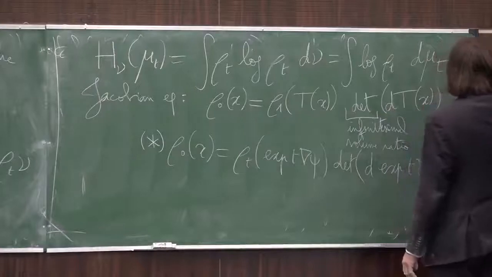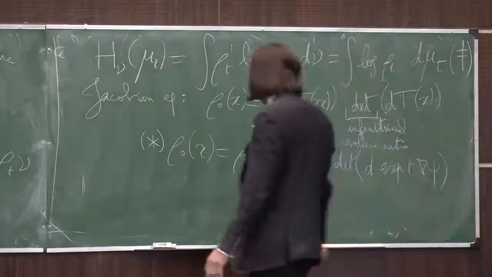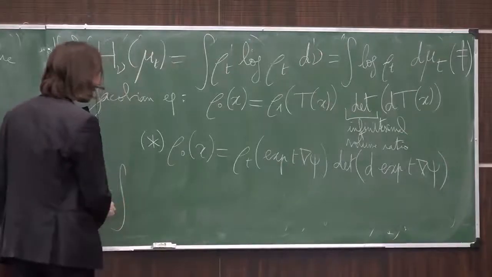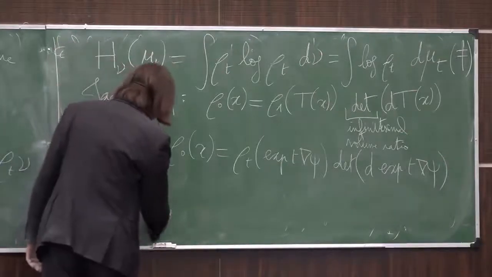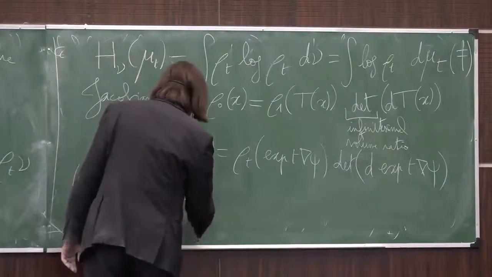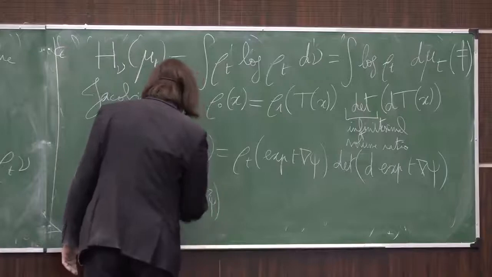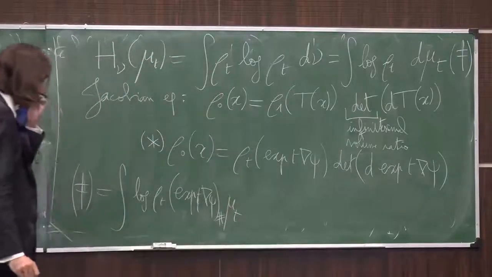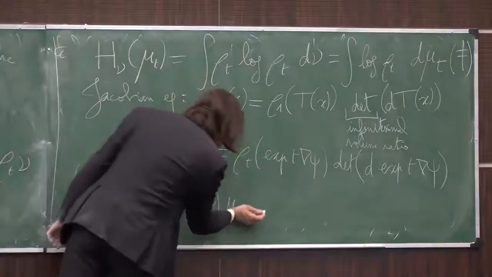Let's put this with a cross. Integral of log rho t d mu t. And so I say that cross is the same as the integral of log rho t, with mu t equal to exponential t grad psi push forward mu 0.